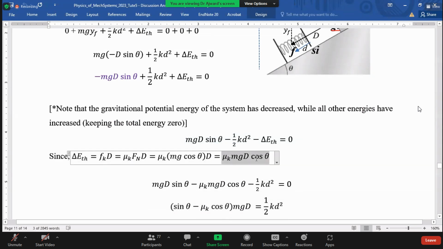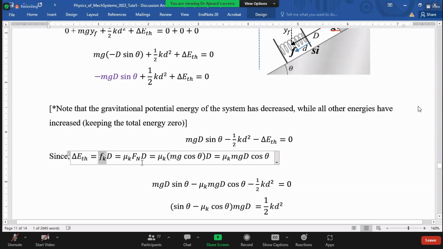And here, to find the thermal energy, you know that the thermal energy is given by the kinetic frictional force times the displacement. So that thing also you have to clearly remember, how to find the thermal energy, which is given by f_k d.